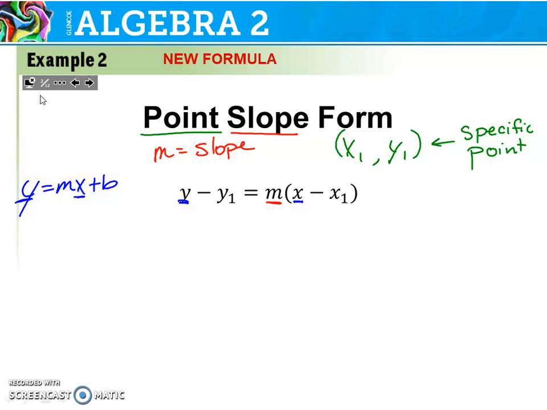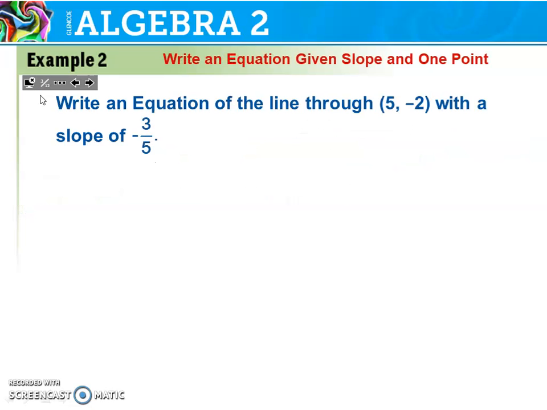We're going to go ahead and practice using our point slope form first. We have: write the equation of a line through (5, -2) with a slope of -3/5. So what formula do we want to use here? Well, I was given a point and I was given a slope, so why don't we use our point slope formula?